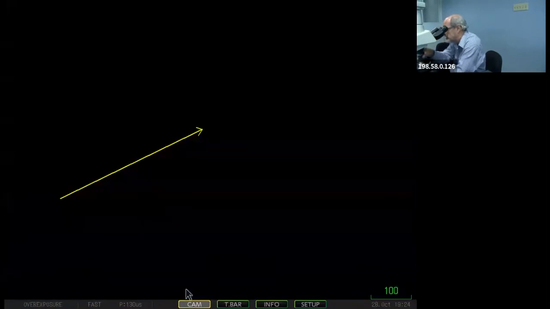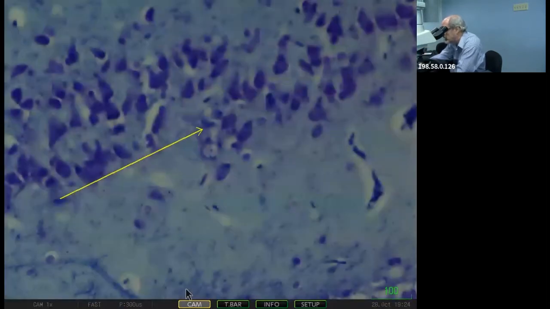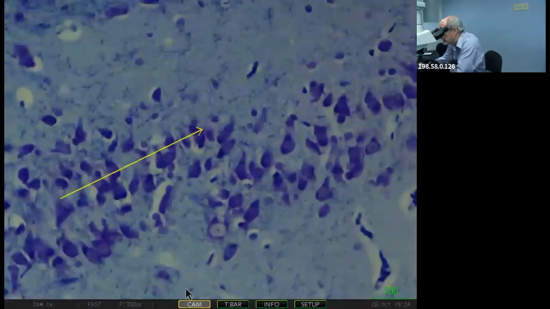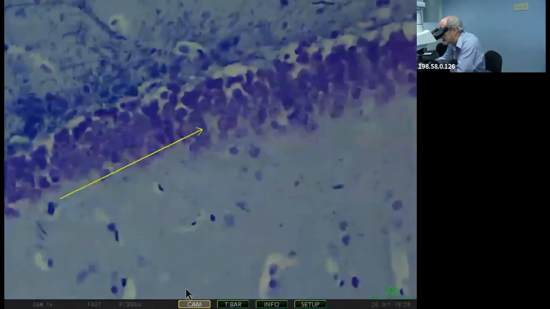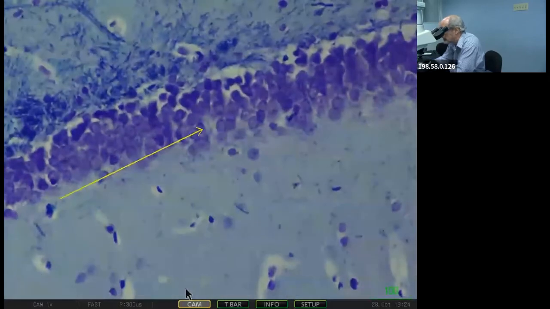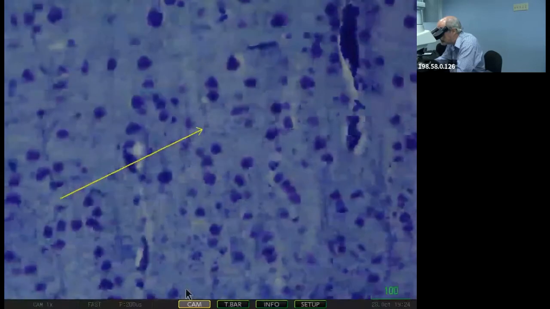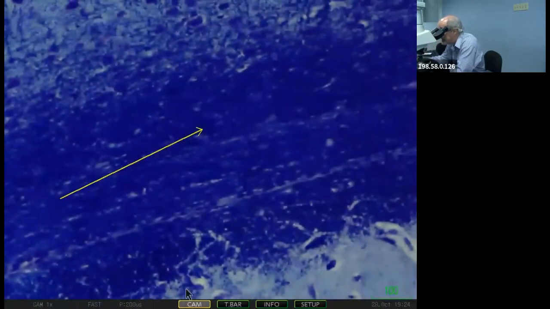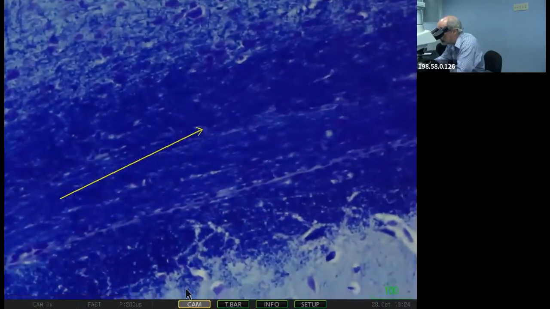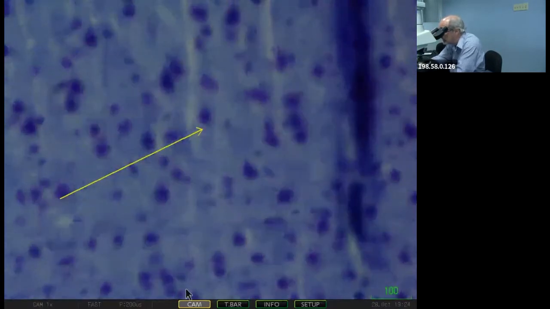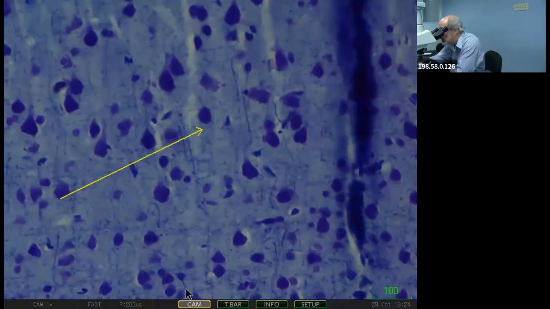In the hippocampus, you will see next year, you have some cells which are called the pyramidal cells, which are here, and your granular cells, which are here. Okay, you don't need to know that. And here you have this bundle of myelinated fibers corresponding to your corpus callosum. Here we are coming back to what we saw previously.